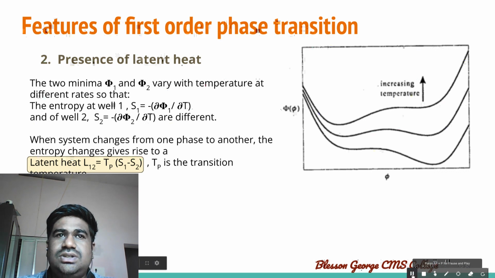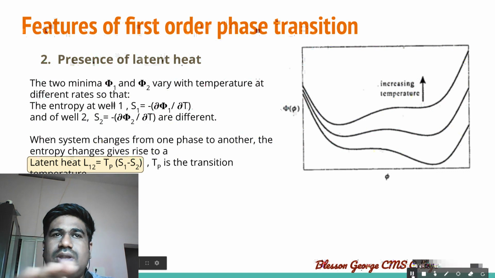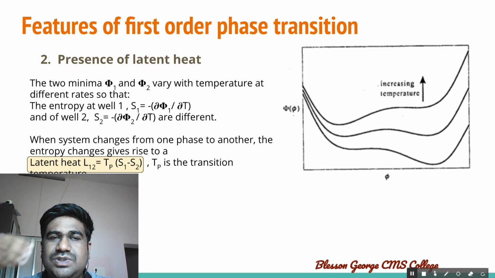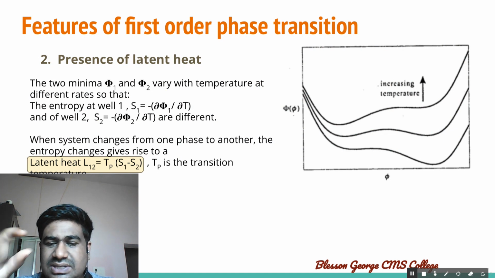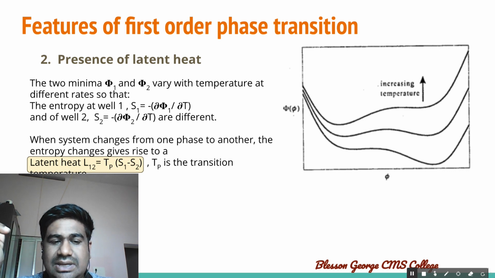So at this stage, the temperature remains constant, but the heat is absorbed to change from liquid to gaseous phase. This amount of energy supplied, the energy difference between the two phases, is called the latent heat.